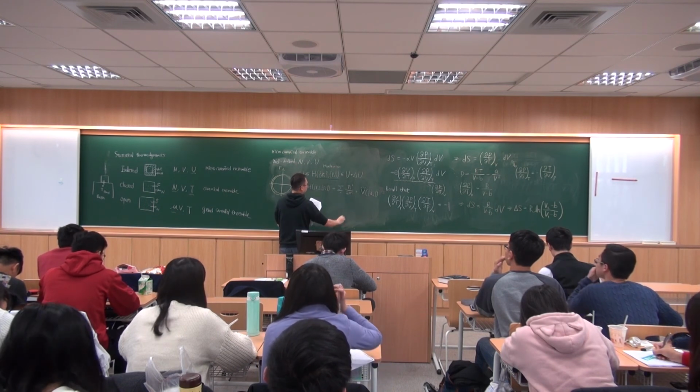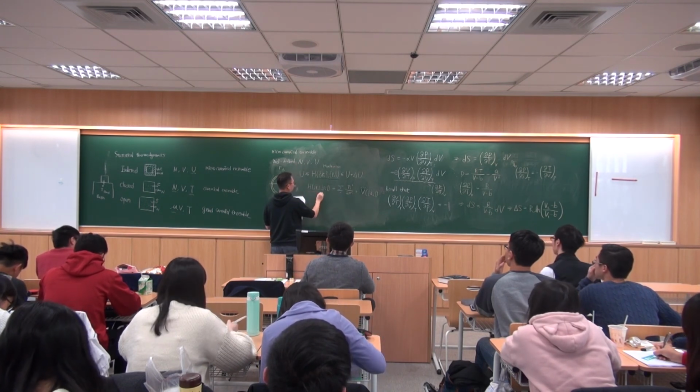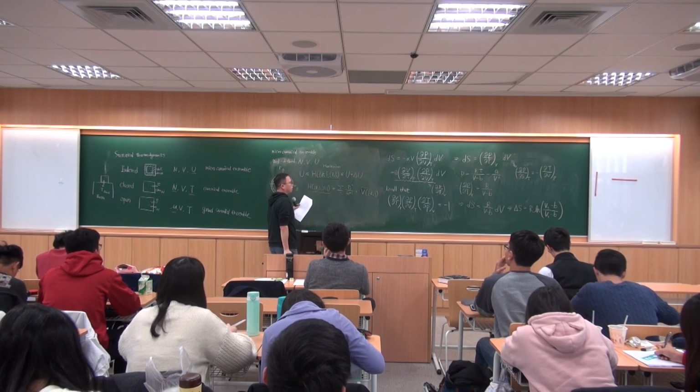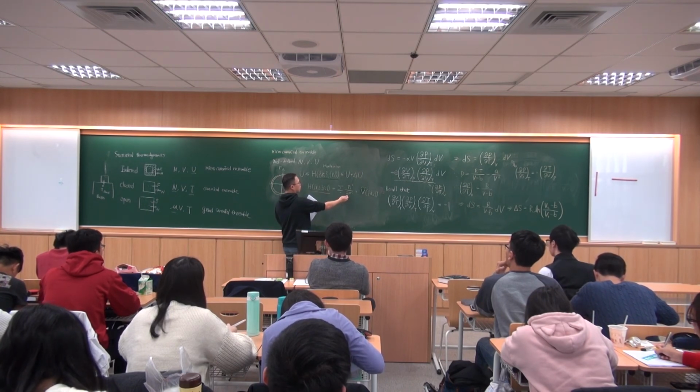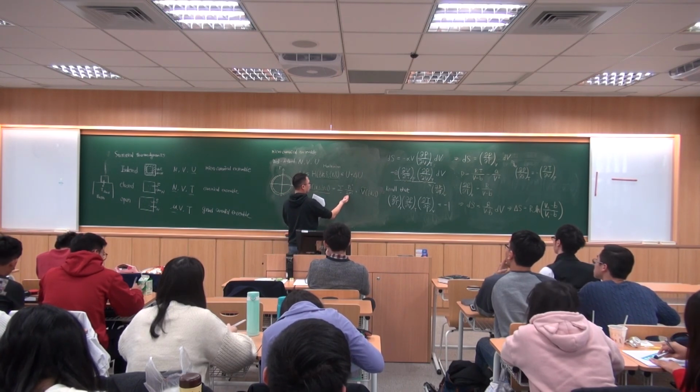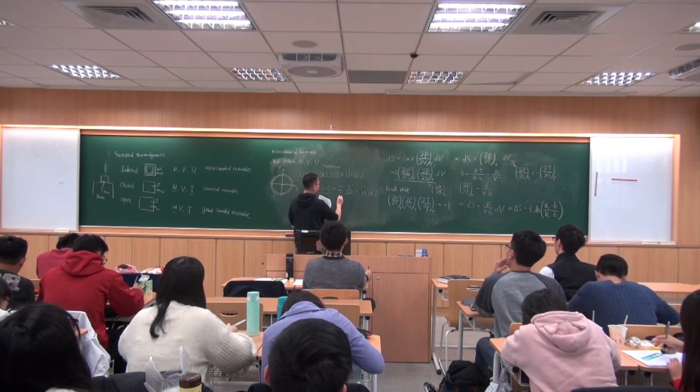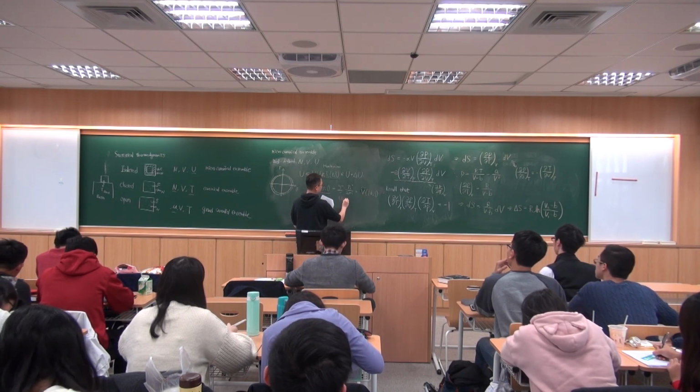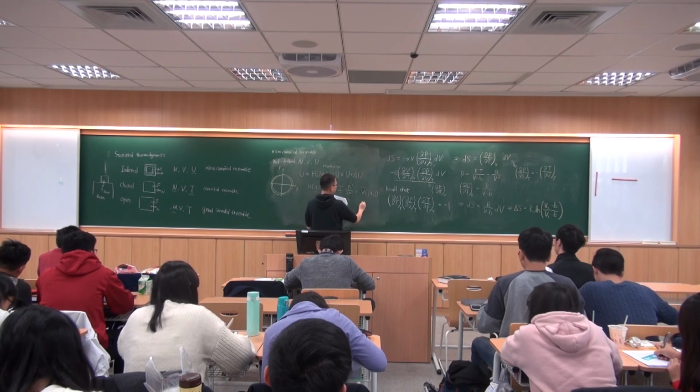So we have two terms. Hamiltonian is an expression for the total energy, and total energy consists of the kinetic energy and the potential energy. And this is the potential energy.